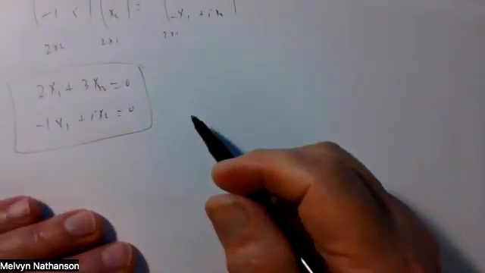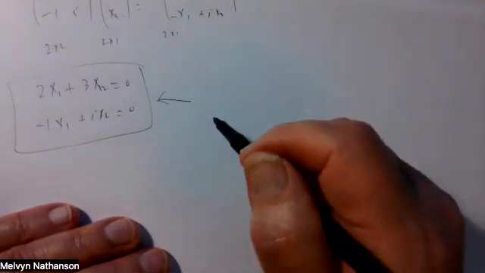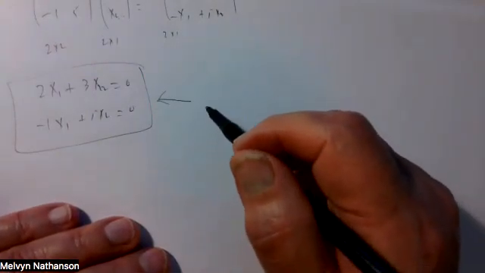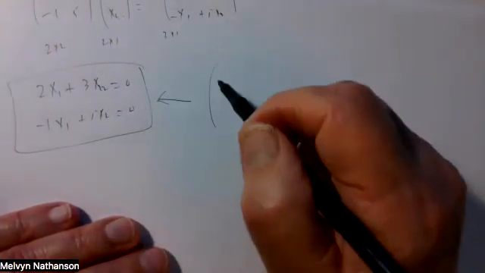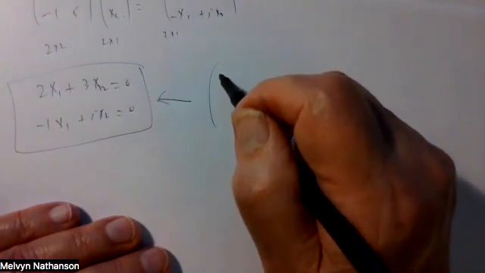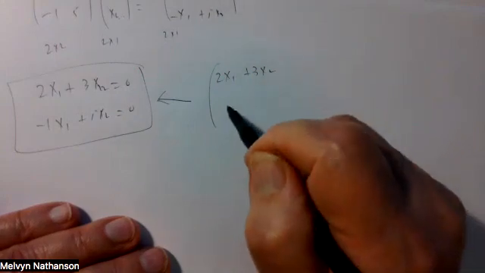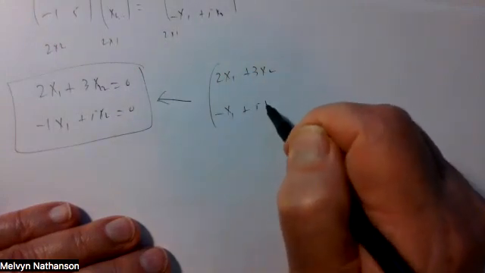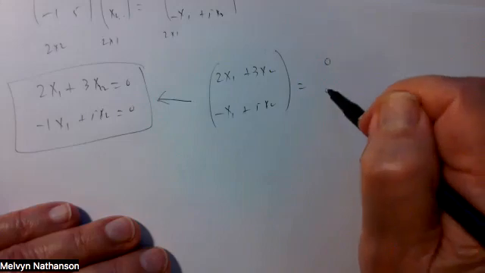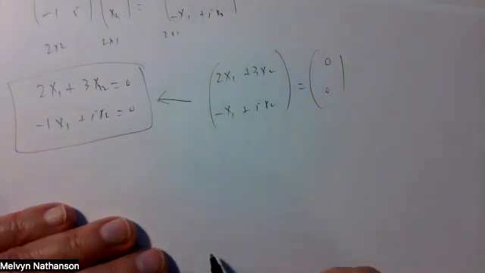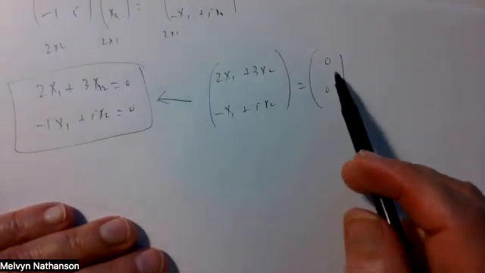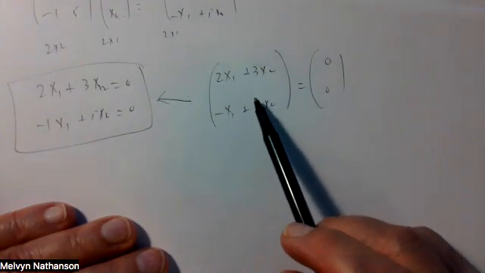We can write this system of equations in sort of vector and matrix form. I could say this is the same as saying the vector 2x1 plus 3x2, minus x1 plus 5x2 equals 0, because 2 vectors are the same if their coordinates are the same.